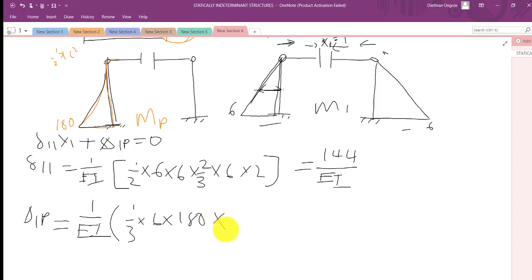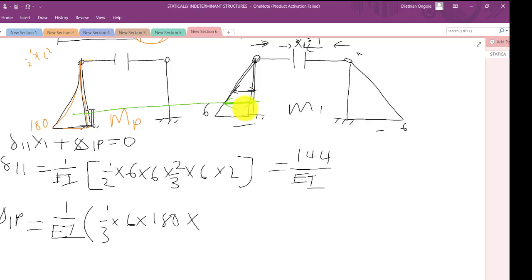Then now times the height at the center. Its center is somewhere here, a distance of L over 4 from the base. So I come and draw the line up to this point on the triangle, and from the triangle I need to find this height here. Since it is a 1-to-1 triangle, the ratio between the base and the height is 1-to-1, which means the ratio for the small triangle must also be 1-to-1.